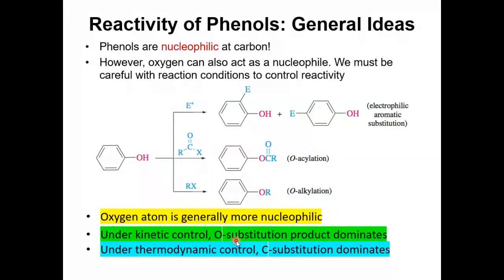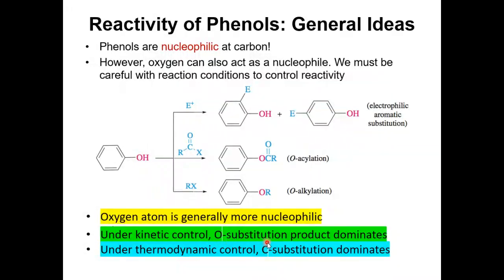So there are two situations. One is that one of the ring carbons will bind to the electrophile. This we call C substitution. It's just one ring carbon atom acting as the nucleophilic atom. The second case is the oxygen with a lone pair on it acting as the nucleophilic atom and reacting with the electrophile. That is called O substitution.